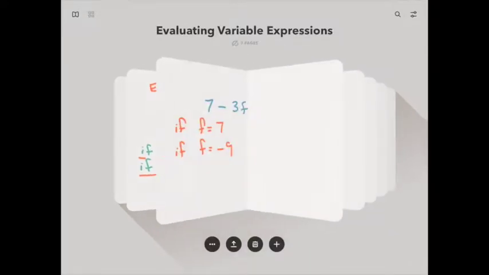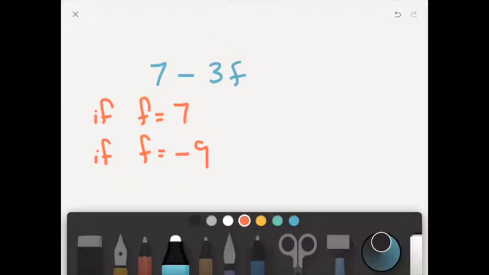It's not overly complicated, but it does get a little more complicated as we go along once we start thinking about how a lot of the negatives and positives interact with one another. Here I've got 7 minus 3f, and I'm going to start with if f equals 7. As a quick reminder, when I see a coefficient, that's when a number is sitting next to a letter, that is a math way of writing multiplication.